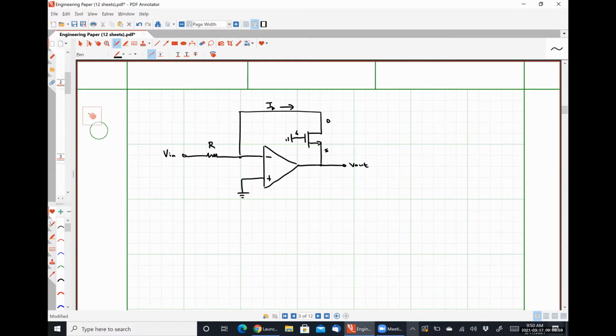Let's call this guy R right here. So before we saw that we had the inverse of the relationship between the current and the voltage. We're going to have the exact same thing here. So the drain current in a MOSFET transistor is related to the square of the input voltage VGS.